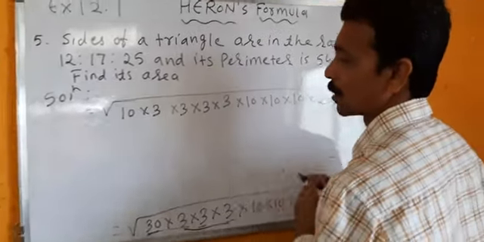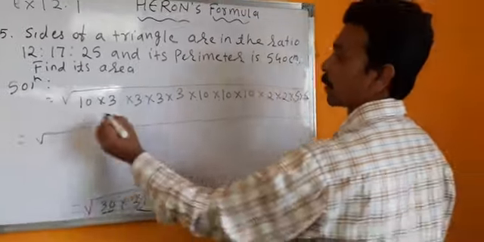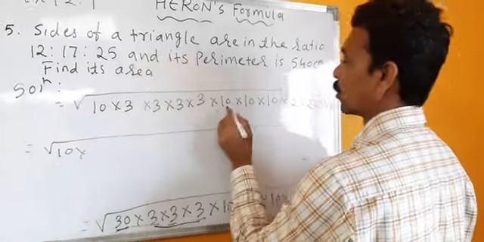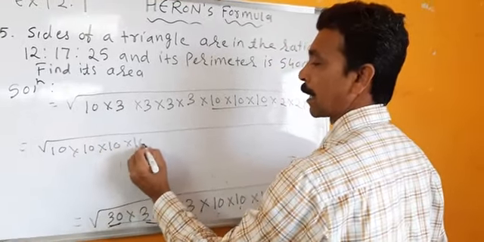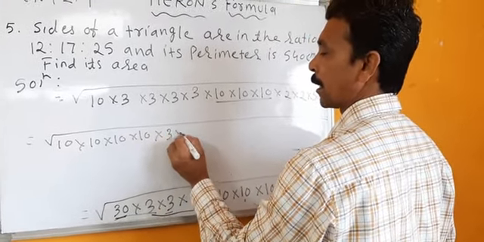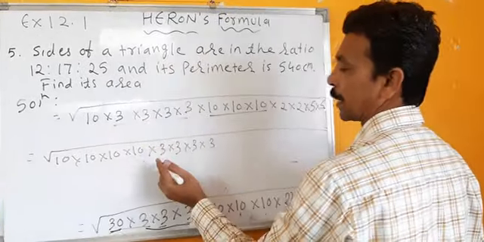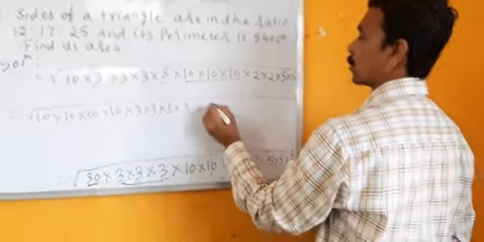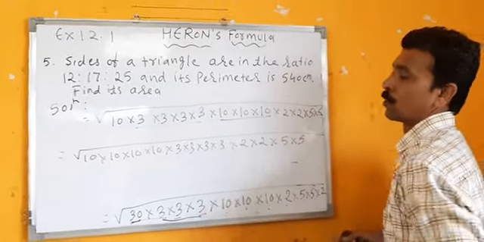Again I'll bring the like terms closer. This is 10 into 10 into 10 into 10 into 3 into 3 into 3 into 3, because these are four 3s, into 2 into 2 into 5 into 5.